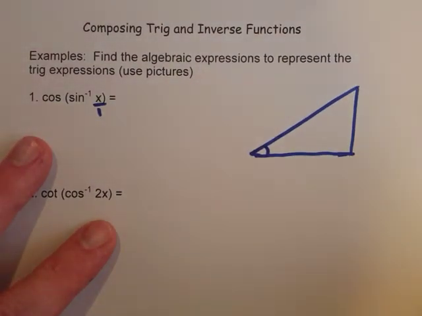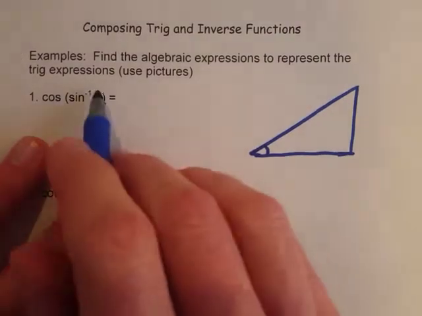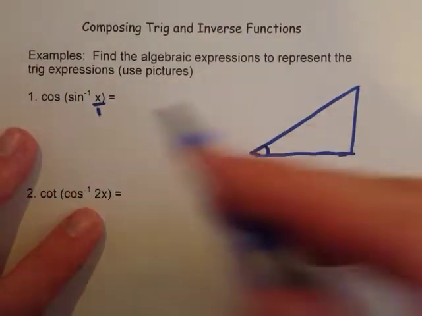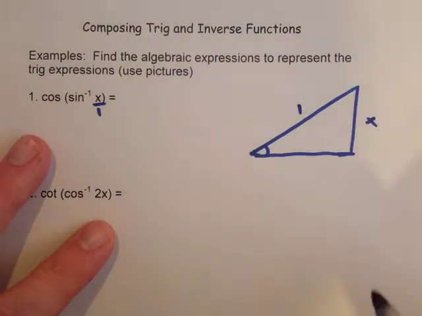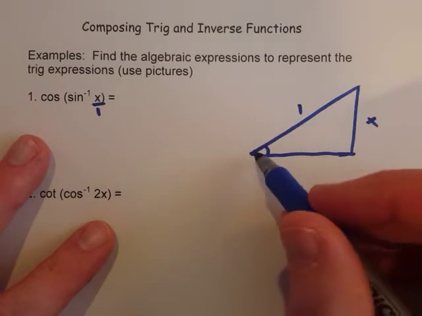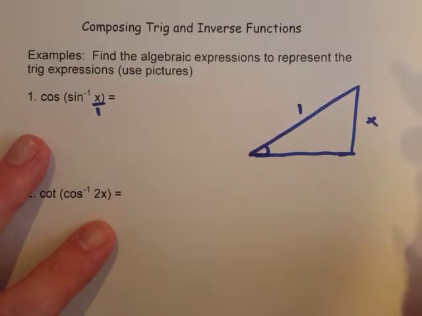We don't know what it is. The thing that we do know, however, according to this, is that x over 1 is the opposite over the hypotenuse. So I have x and I have 1. We have to figure out what that third side is. We need to know what a is going to be.